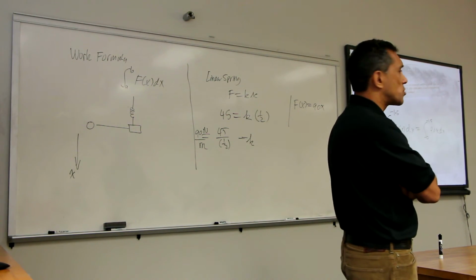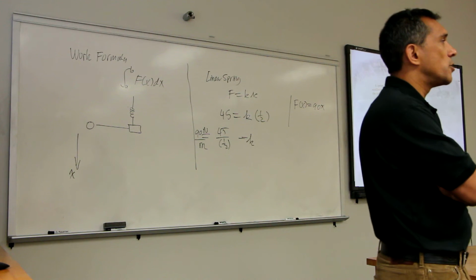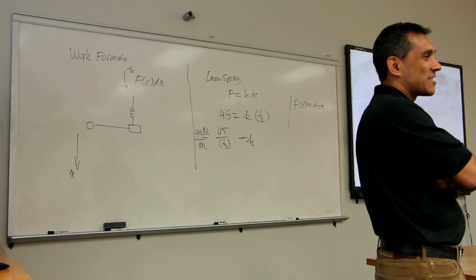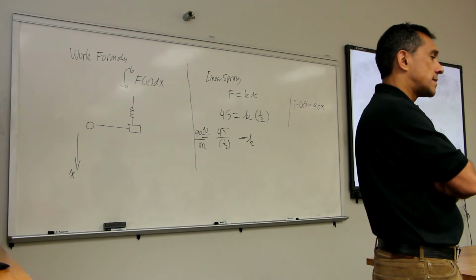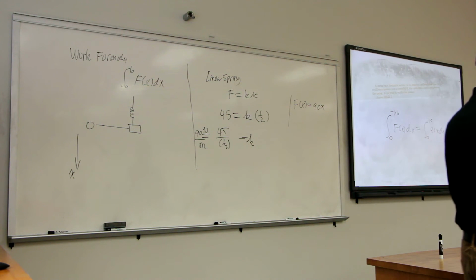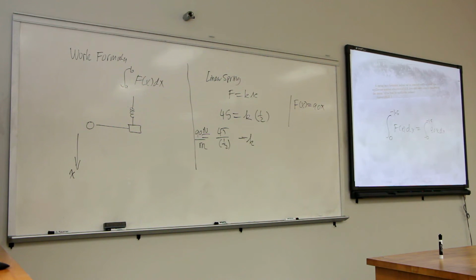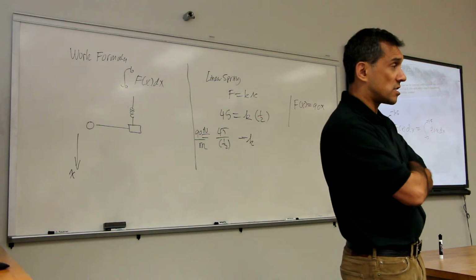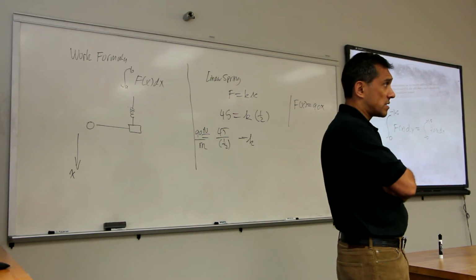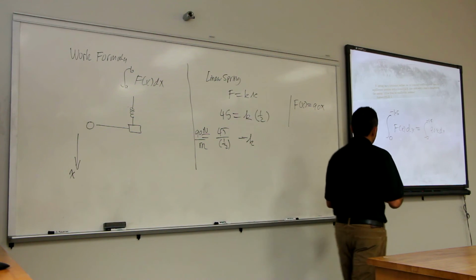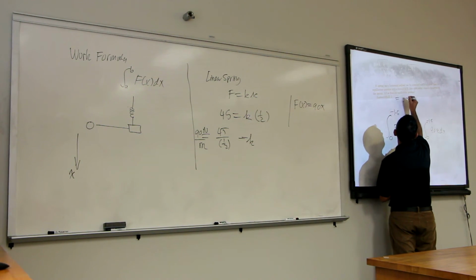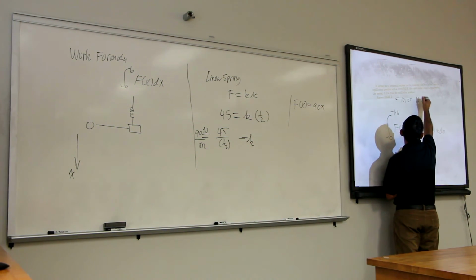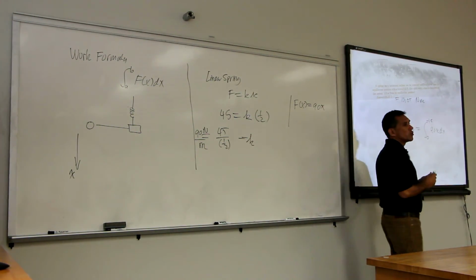You get 101.25 units of work. Units of work are joules, or newton meters, force times distance.